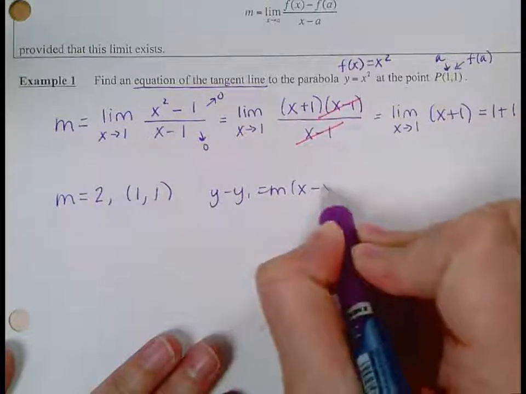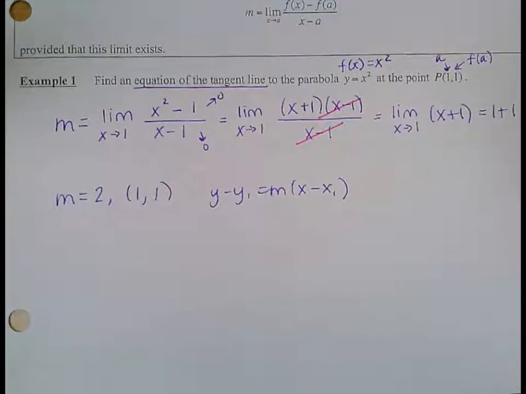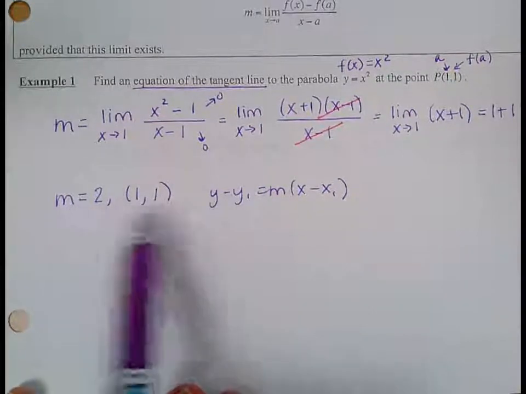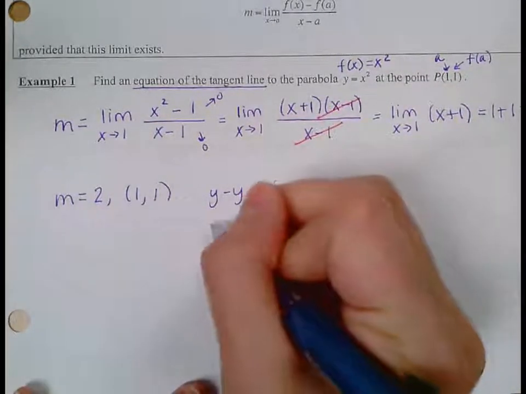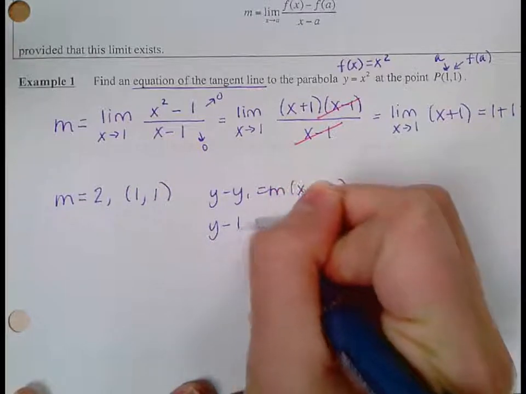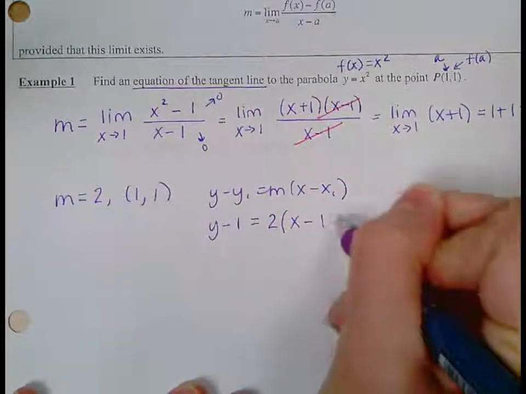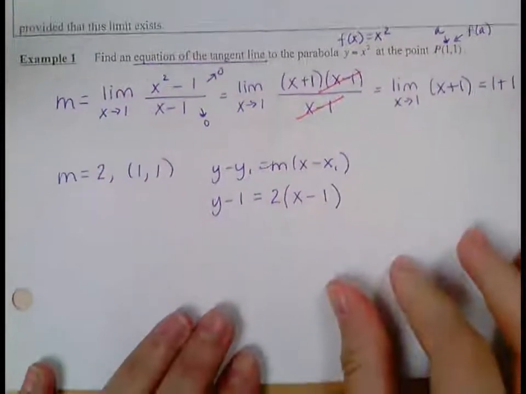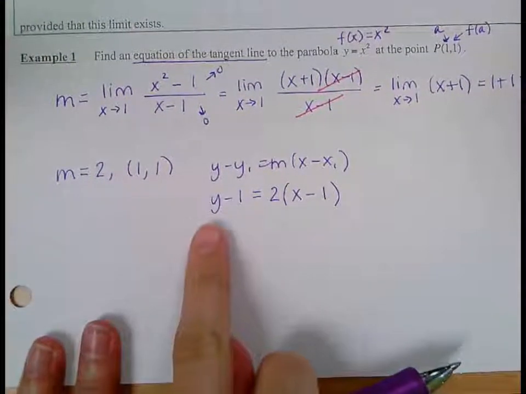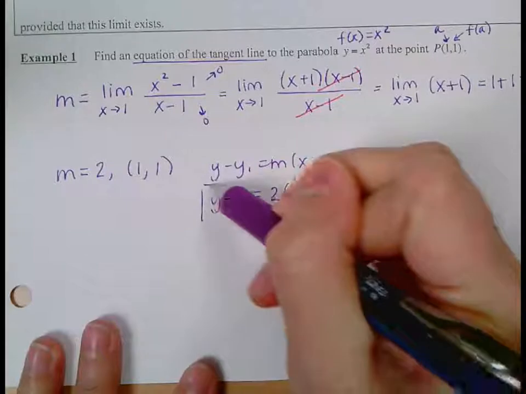But if you like to substitute it into slope-intercept form, solve for b, and then rewrite the line, that's fine too, however you get there. So if I substitute in what I have, I'll have y minus my y coordinate, 1, equals the slope, 2, times the quantity x minus, and the x coordinate is 1. It is perfectly acceptable to leave this equation as your answer.